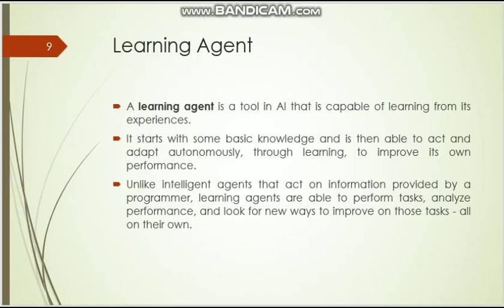Another kind of agent is the learning based agent, which is designed to learn something. These types of agents work in a search space, and based on the changes in the environment, they gather knowledge and store the gathered knowledge in their database.